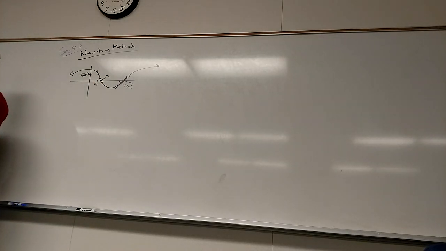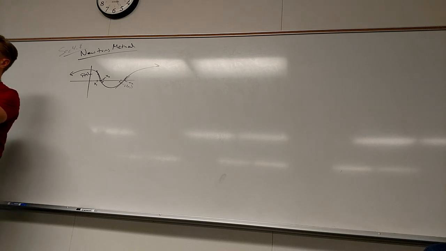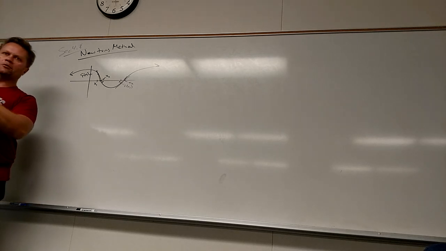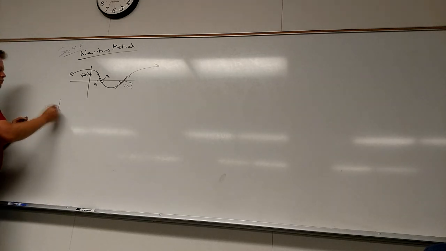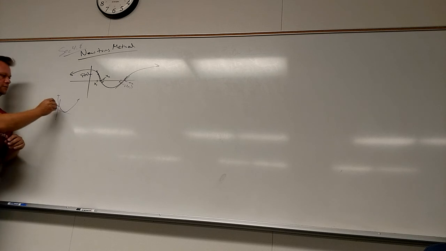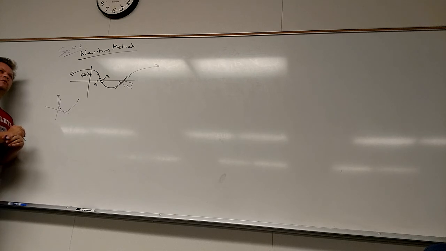There are certain functions, certain ways of behaving, where Newton's method will just die. One place it would die would be if it touches, if it's like that. I'm trying to find this. Let me see if I can make a nice one that would freak out.